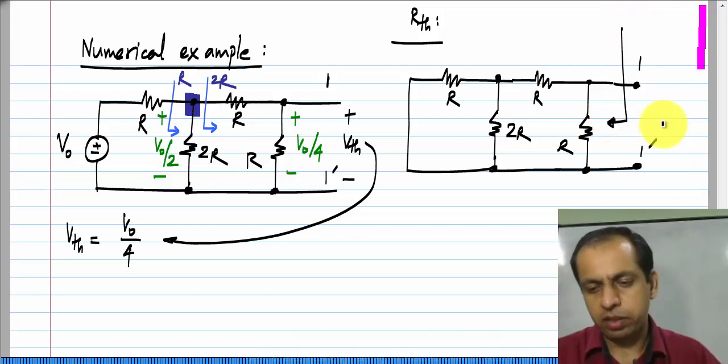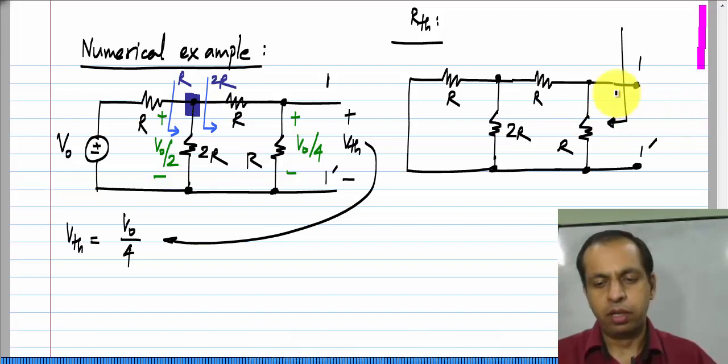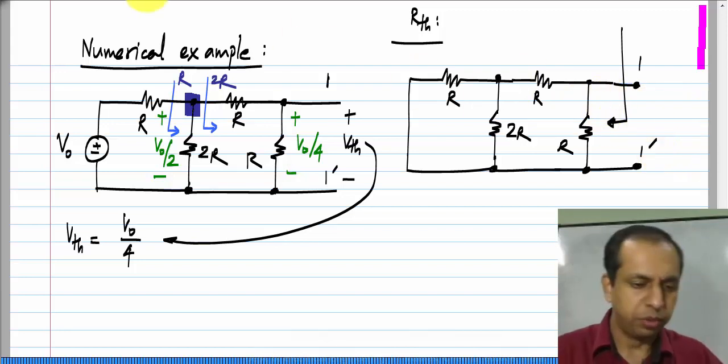Now, I have to look back and calculate the resistance. I can apply a test voltage and find the current, but in this case it is a simple combination of resistors. So, it is quite easy to do.